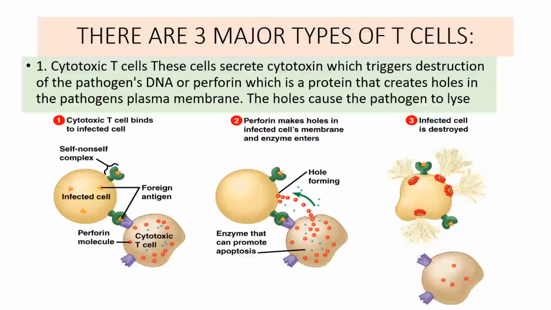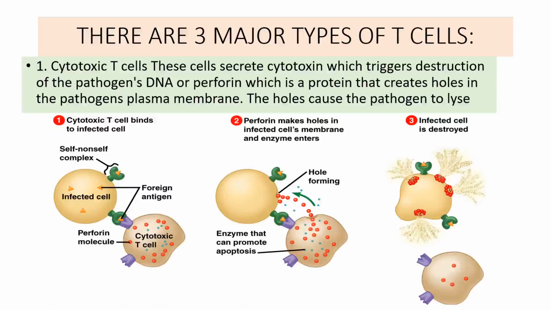So 3 major types of cells. Cytotoxic cells, now it's very clear to all of you, that is cytotoxic T cells, will attack only the antigen presenting cell which has the MHC molecule with the processed pathogen, right?